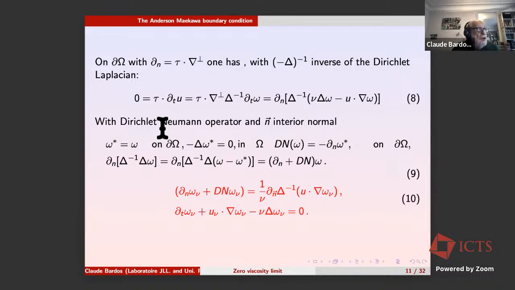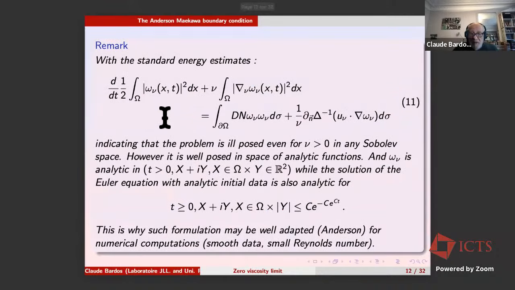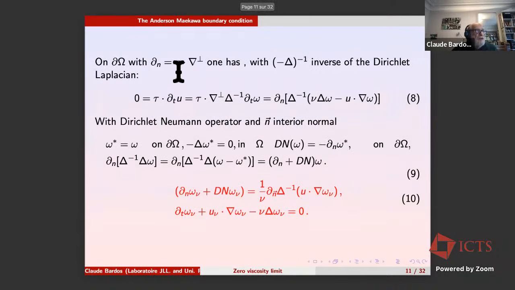If you do so, when you take the vorticity, you observe that if you take the inverse of the Laplacian of omega, the curl of that will give you u, and you know that if u tangent is 0 on the boundary, then dt of u is also 0, so you get this equation.